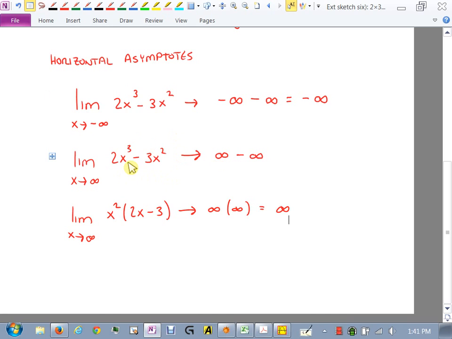Okay, so this, right? Infinity minus infinity, I try and factor it, turn it into a product. So I pulled out an x squared, and I've got a product now. This goes to infinity times infinity, that's infinity. So even though I couldn't tell here, I just did a little bit of work, and now I can tell. It's kind of bringing a lot of things together, isn't it?